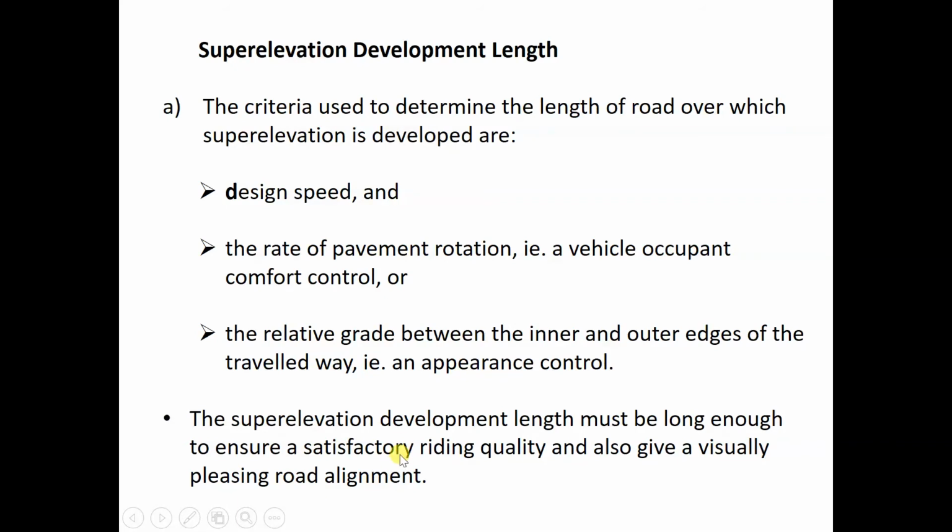So for comfort, the pavement rotation needs to be kept to a minimum, and for a visually pleasing road alignment, the inside and outside edge should not be too pronounced, too protruding, especially in flat terrains.